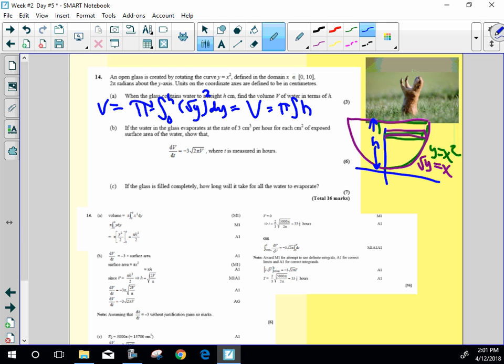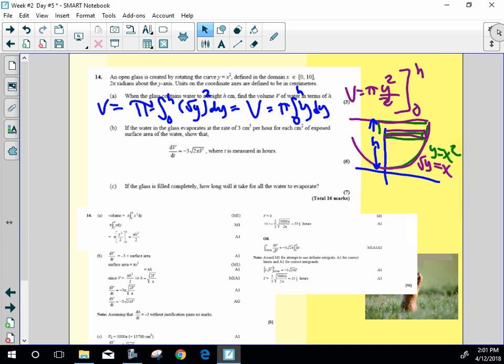Well, no, we don't. Let's leave it this way. Y dy, going from 0 to h. What's the integral of y to the first? You got it. So volume is equal to pi y squared over 2 going from 0 to h.